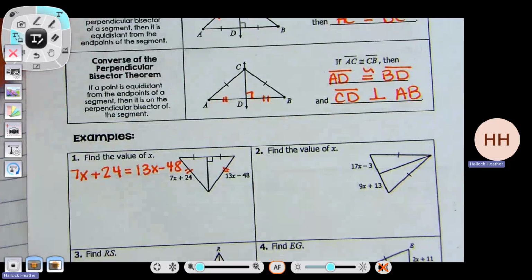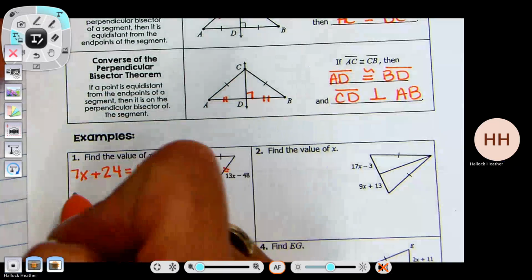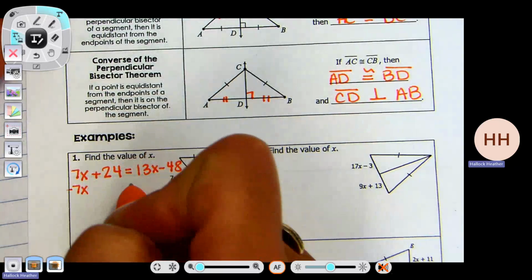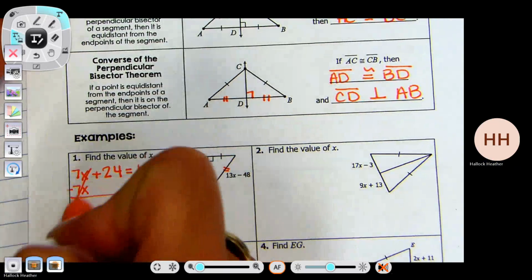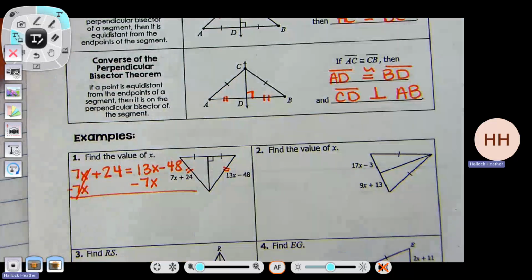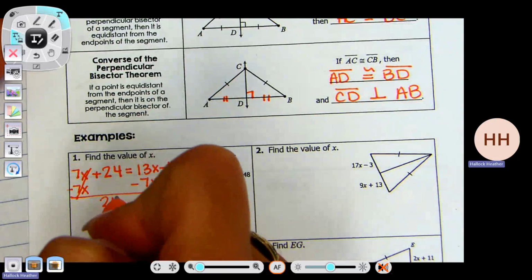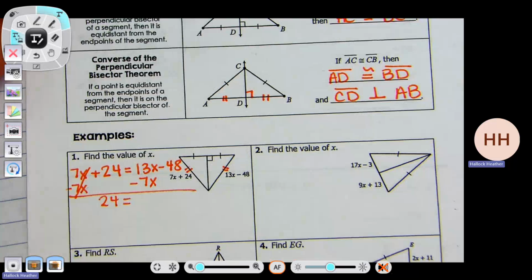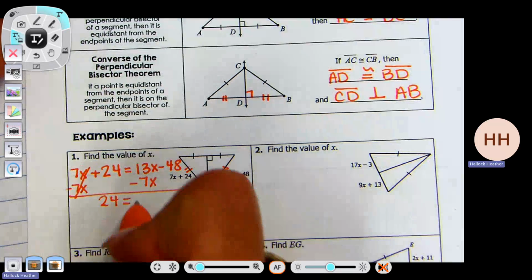So what do you want to move to the other side? Ooh, okay. Minus 7x, minus 7x. That's what I was thinking, but that's okay. There's 4 ways to solve an equation. It doesn't matter. So 13x minus 7x is what? 6.